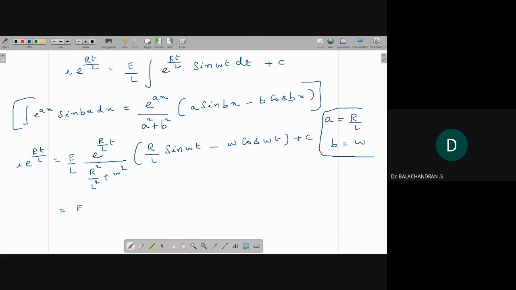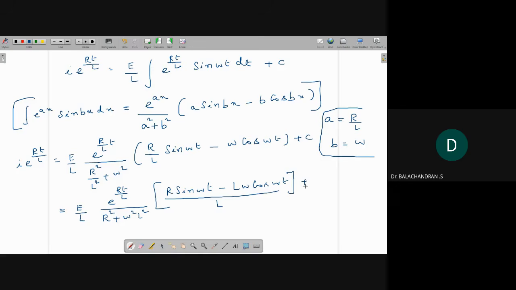E by L, e power Rt by L. Take L square as the LCM: R square plus omega square into L square, into R sin omega t minus L omega cos omega t, by L plus C. I think here I missed L square.